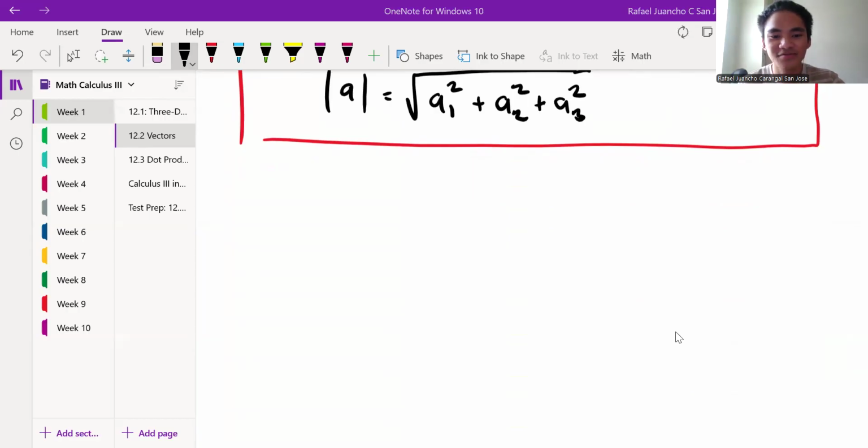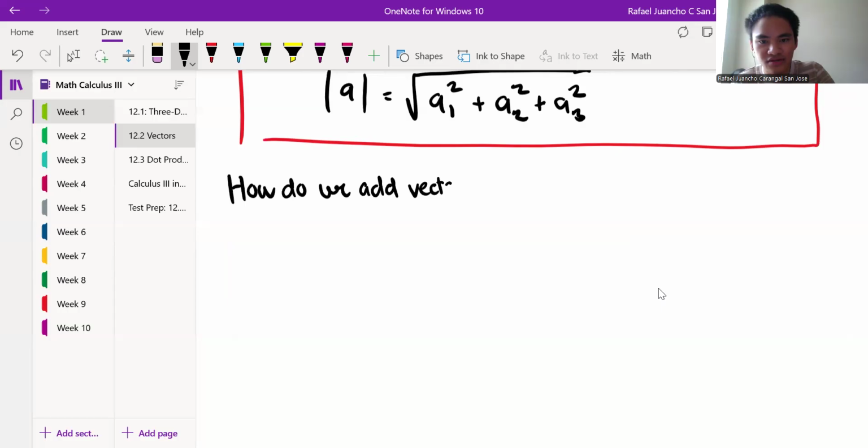Now we're gonna look at it from an algebraic perspective. Now we ask, how do we add vectors algebraically?